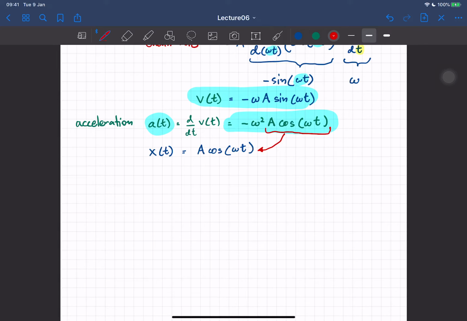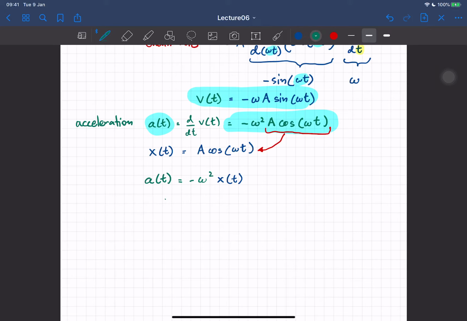So this is going to give me a, which is a function of time, equal to minus omega square that stays, and then times x of t, which is x as a function of time. If you want to do an even shorter equation, you can ignore the time dependent thing and remember that everything depends on time except for omega.